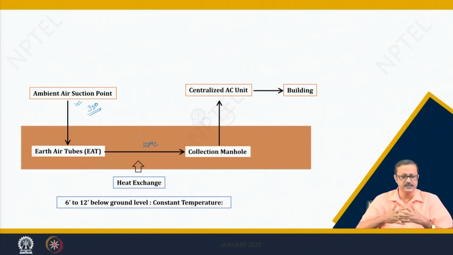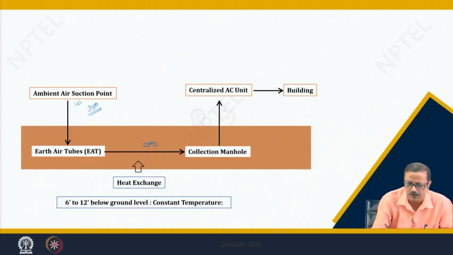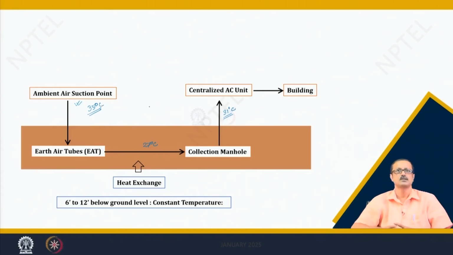This 35 degree outdoor air, when it passes through and comes out, may come out at maybe 31 degrees or something like that. So there is a drop between the ambient air, 4 to 5 degrees or maybe a little bit more. This is the concept behind the earth air tube, and then I can actually use that 31 degree, or the treated air.